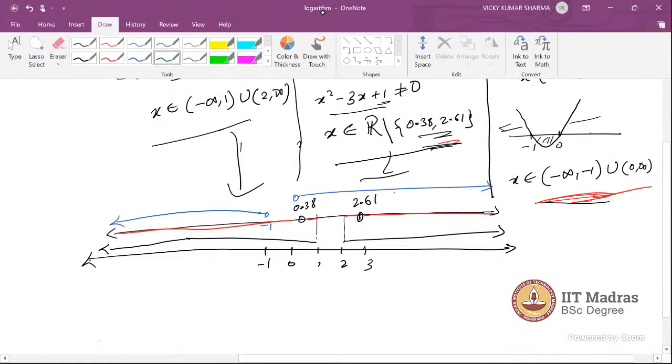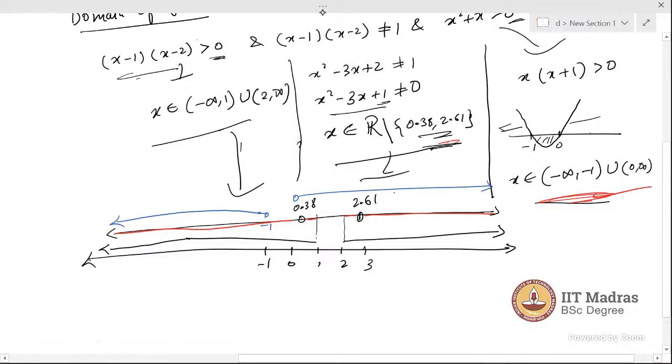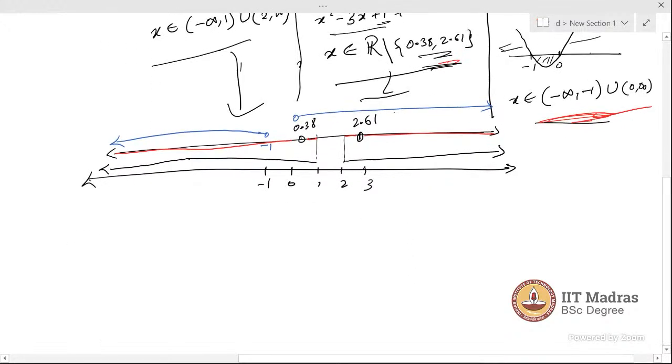Minus infinity to 0. From here, what we can say is minus infinity to minus 1, and you see that I cannot have this region. So my domain will be what? The domain of f of x is minus infinity to minus 1, and minus 1 is not included.